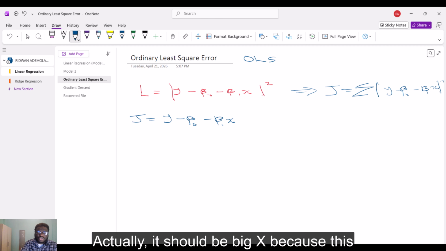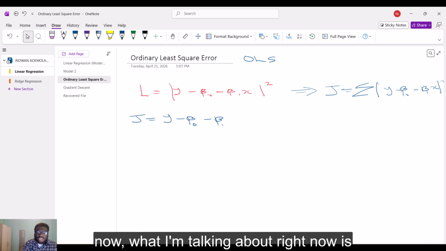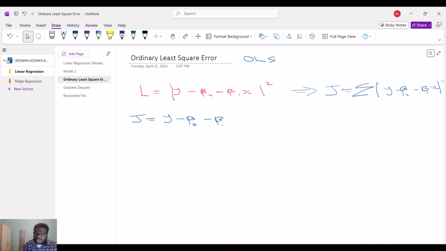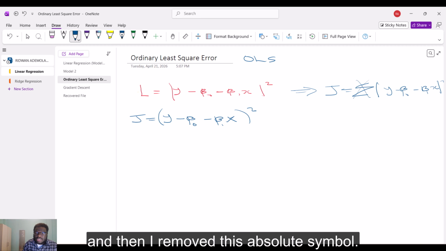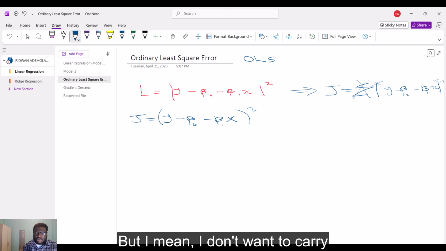Actually, it should be big X, because what I'm talking about right now is the cost function, so it is all of the features, like big X. In this case, what I just did was to remove this summation and the absolute symbol. I don't want to carry it over, but it's still the same thing. So this is the cost function in a very reduced manner.